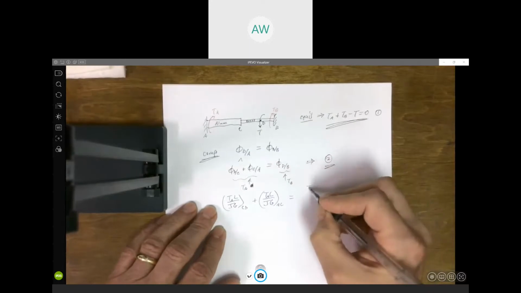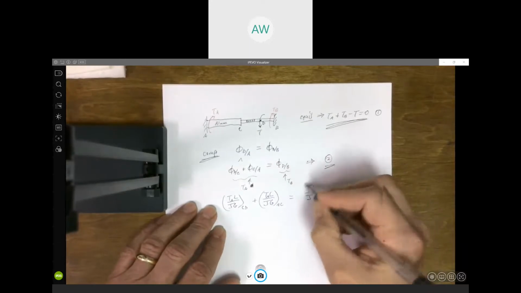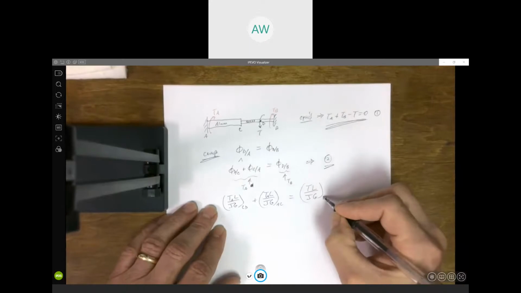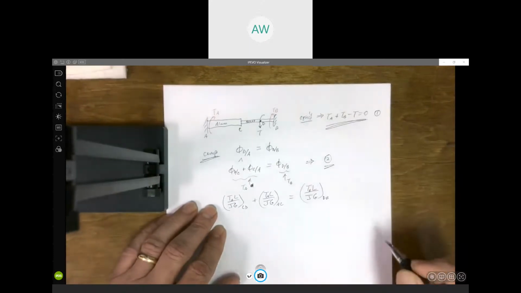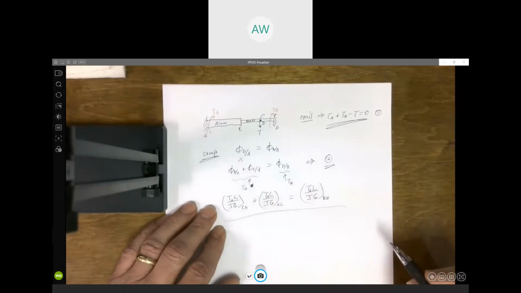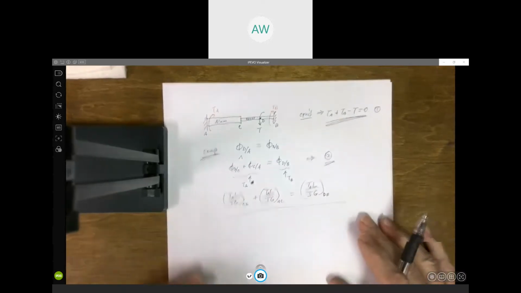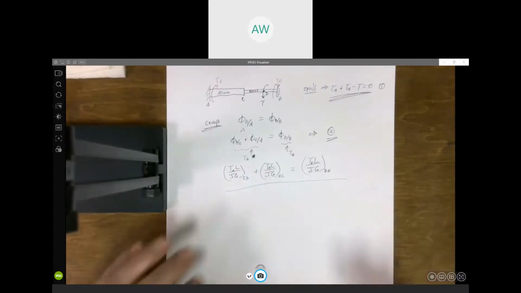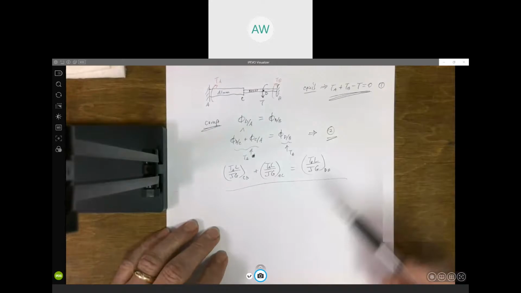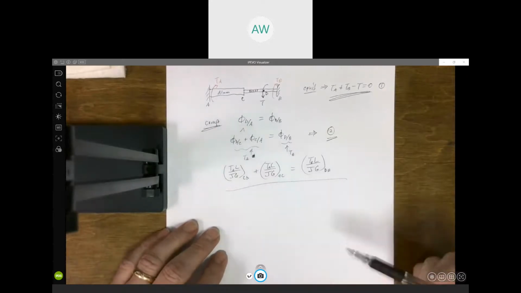And over here, you'd have TL over JG for section DB. Again, this torque would be TB. Any question how to set that one up, or how we would have to do it a little bit differently than that first one we worked?